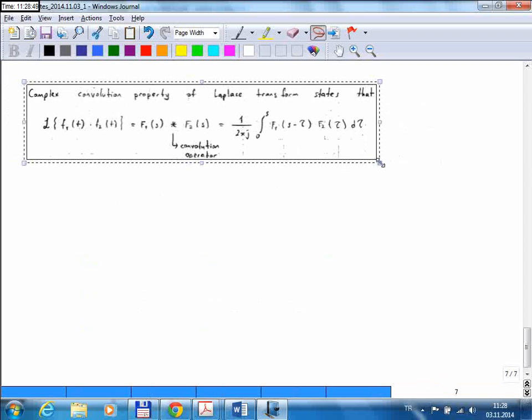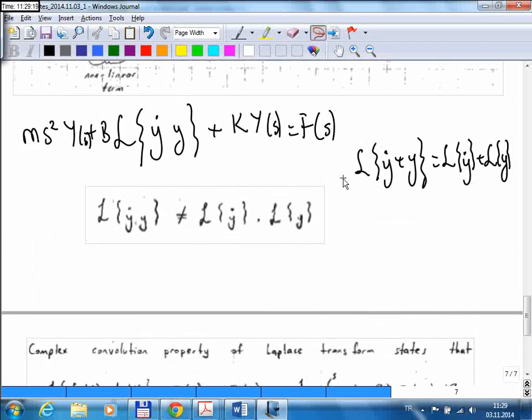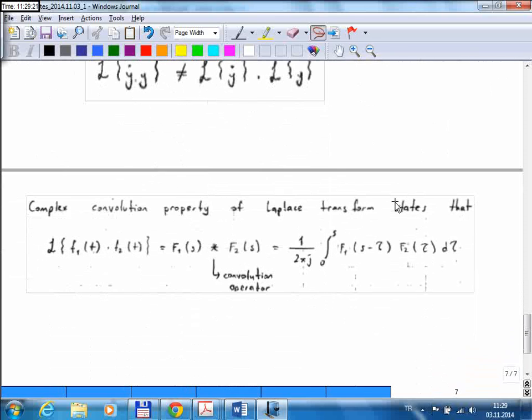So if you need to take the Laplace transform of two functions of time multiplied together, the transform is given by this property. You have the transforms of the individual signals, capital F1 of s and capital F2 of s, and then you need to take the convolution of these two functions to get the transformation, and the convolution is an integral operator, right?